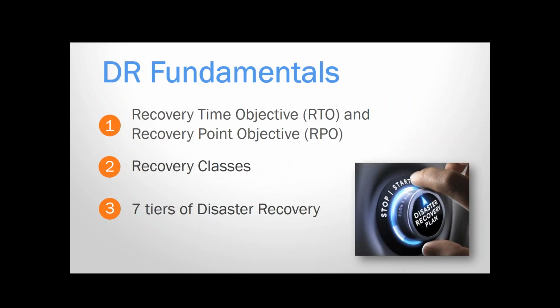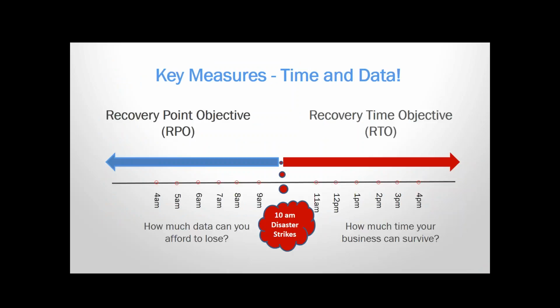Essentially, they refer to two key elements during a disaster, which are time and data. Time refers to how quickly we can restore the system, and data is how much of the current data we can afford to lose. I will discuss time and data in more detail in the next slide. Another two concepts in the fundamentals are the recovery classes and the 7 tiers of disaster recovery, which we'll cover.